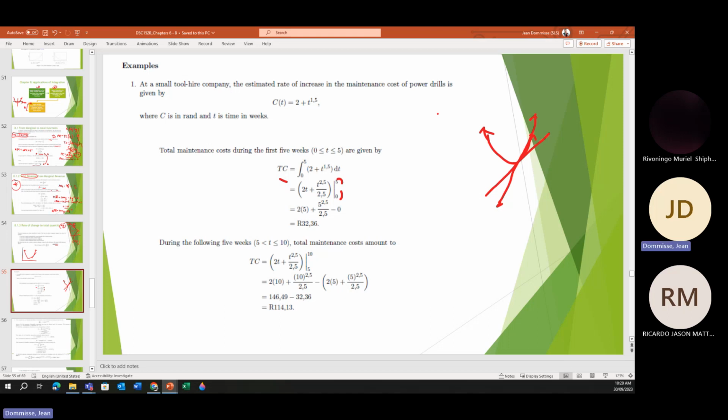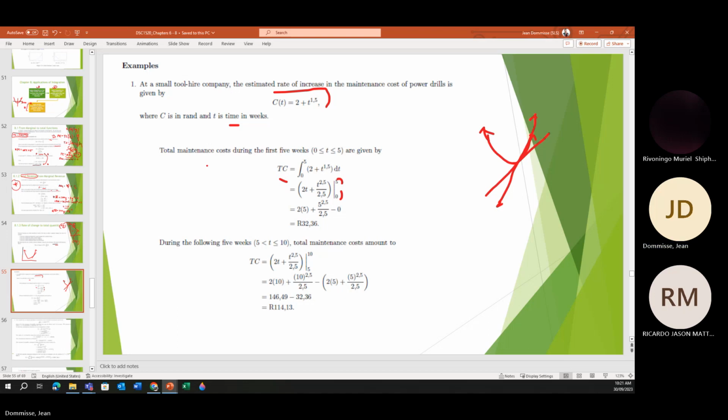They must give us information to work between the 2 points. So what they will need to do is to say to us, okay, is it that we work between, so here they set the example: at a small tool hire company, the estimated rate of increase in the maintenance cost of power drills is given by this function, where T is in weeks.